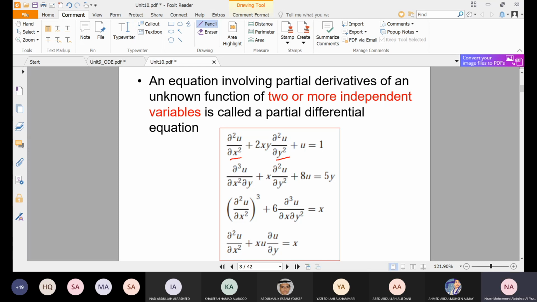Also, besides the second derivative, we have the third derivative, with respect to x squared and y. Here also we have the second order derivative of u with respect to y.